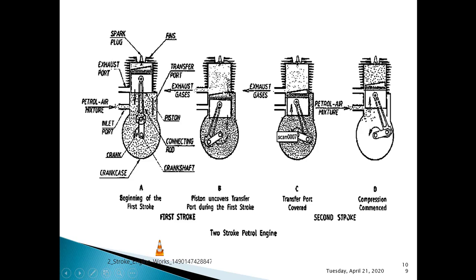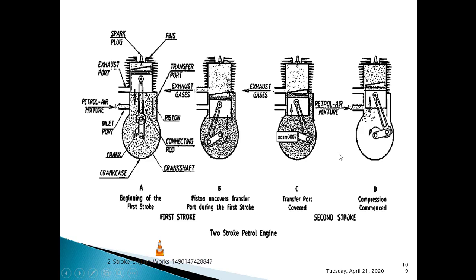That process is called scavenging. Write the definition of scavenging once again: the process of removal of exhaust gases from the combustion chamber with the help of fresh charge is called scavenging. That completes the first stroke, or downward stroke.